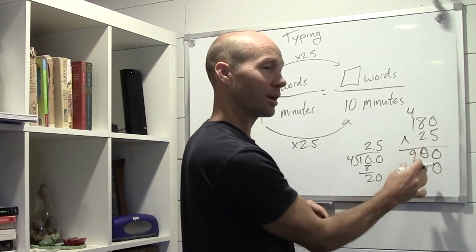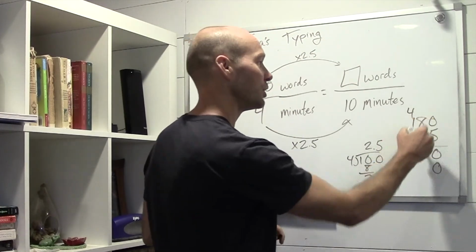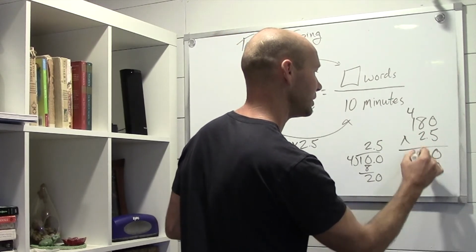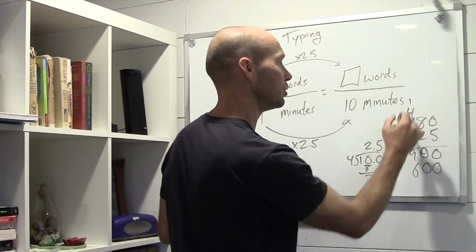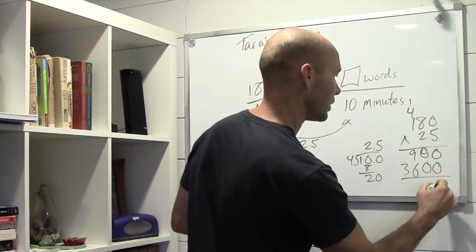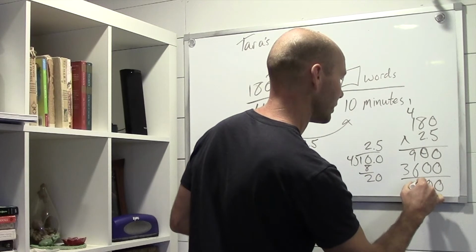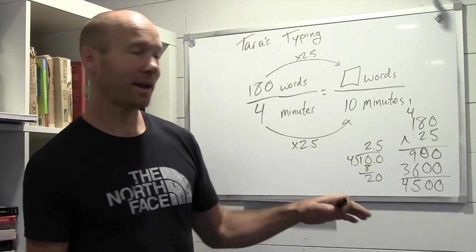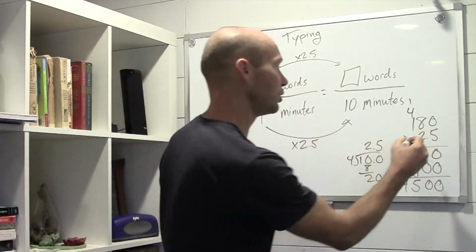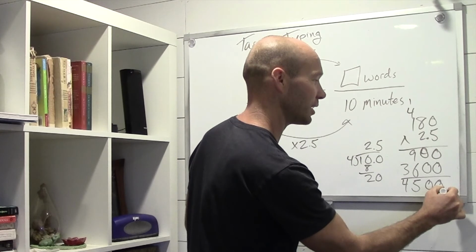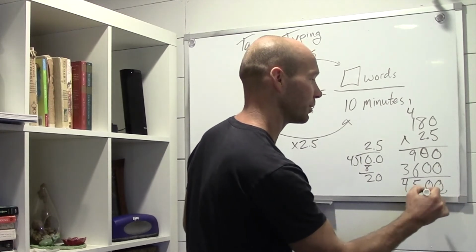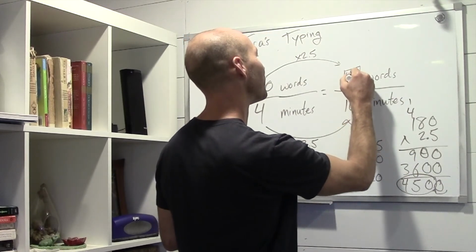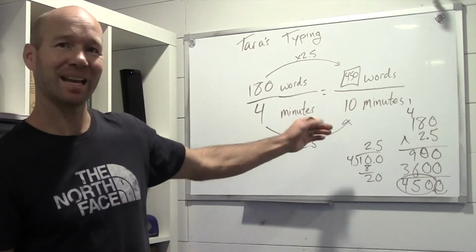Bring down my 0 because I'm multiplying by 20 now. 2 times 0 is 0. 8 times 2 is 16. And 1 times 2 is 2 plus 1 is 3. And because I have a decimal here, 2.5, I'm going to move my decimal one place back. So I get 450 words in 10 minutes.